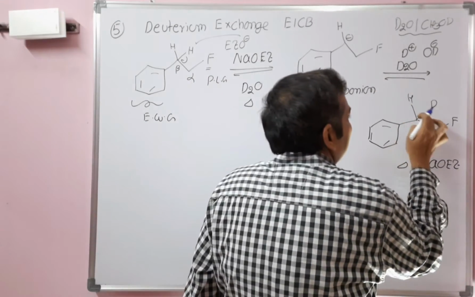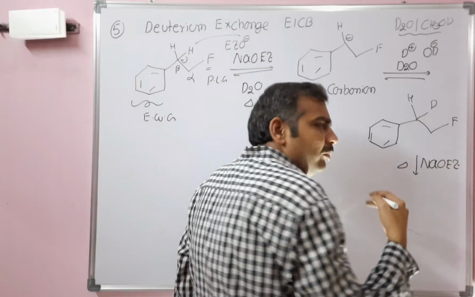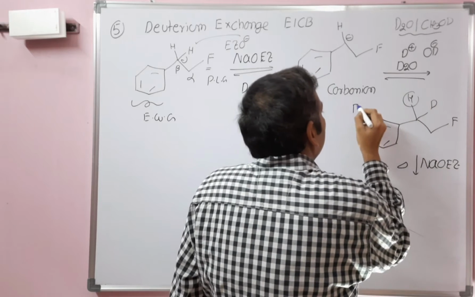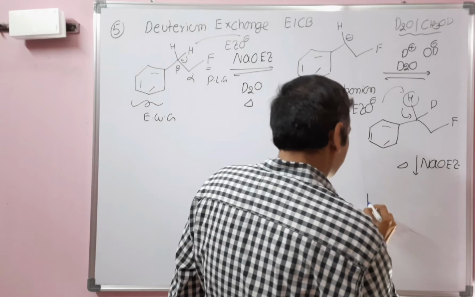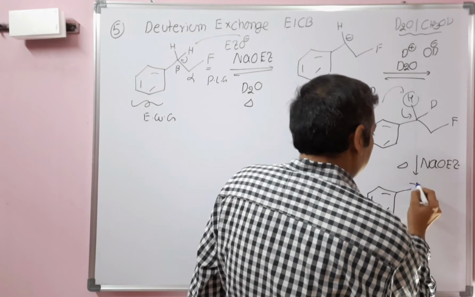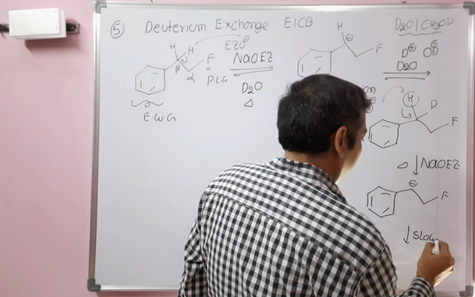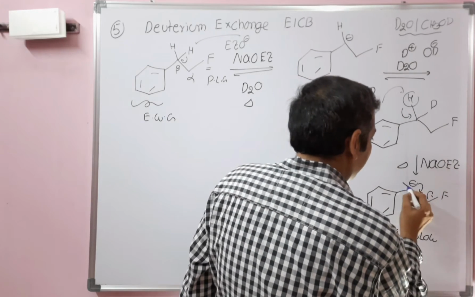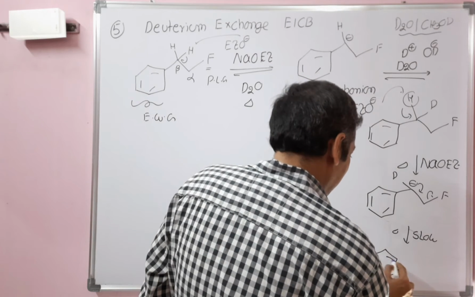Here CH is there, CD is there, both are acidic, but to cleave the CD bond more energy is required, and to cleave the CH bond less energy is required. That's why ethoxide abstracts H to give a carbanion, then minus F. The last step is the slow step at high temperature. Expulsion of the leaving group will take place. Deuterium is already there, so deuterated styrene will be obtained in this case.